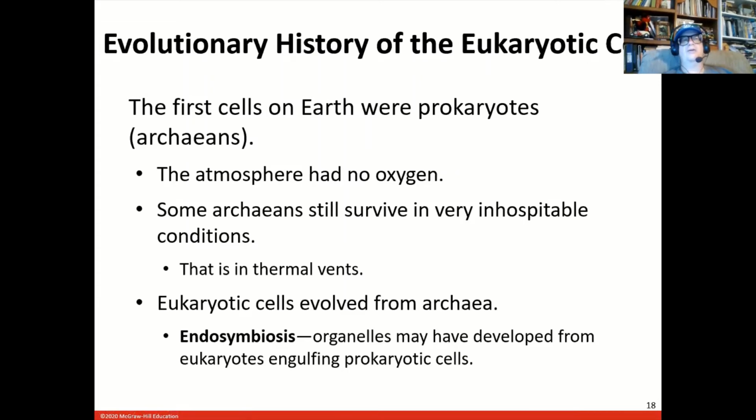But we now know of other places where they survive, the gills of shallow water clams, for instance, all kinds of crazy stuff. We'll talk about that more later. But right now, this is what you need to focus on because we're doing human biology.